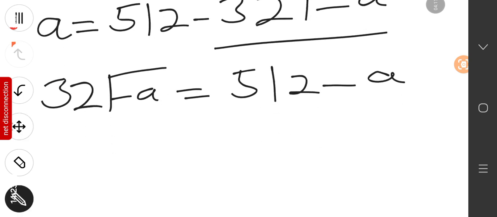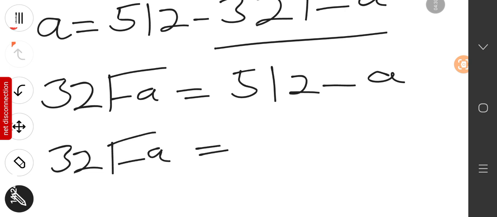You can see we have transposed 512 minus a, and then minus 32 multiplying the square root of minus a as well. So here we have 32 multiplying the square root of minus a equals 512 minus a.